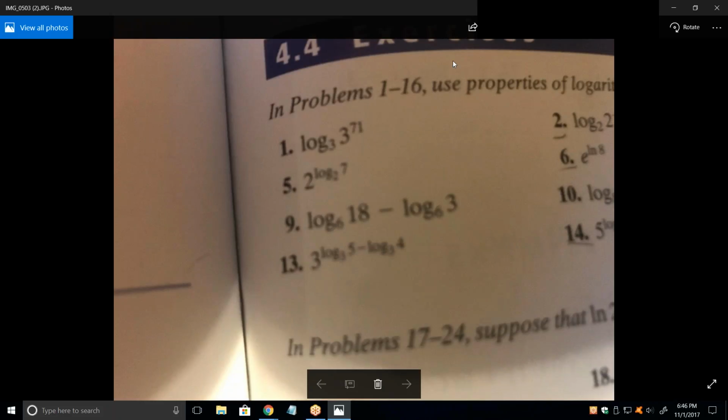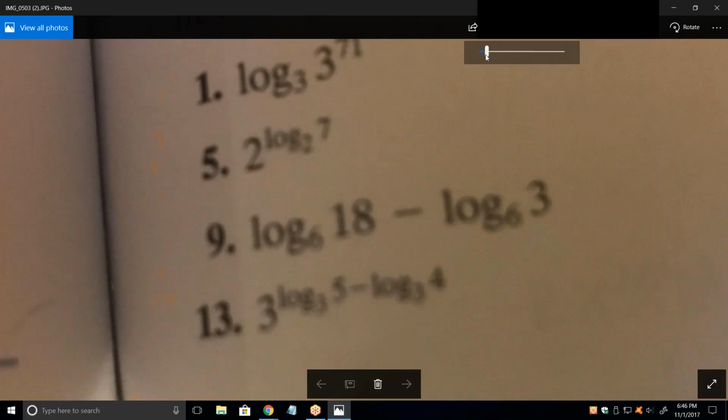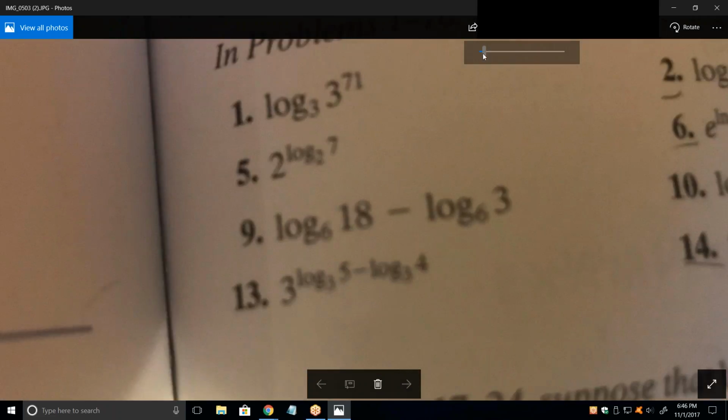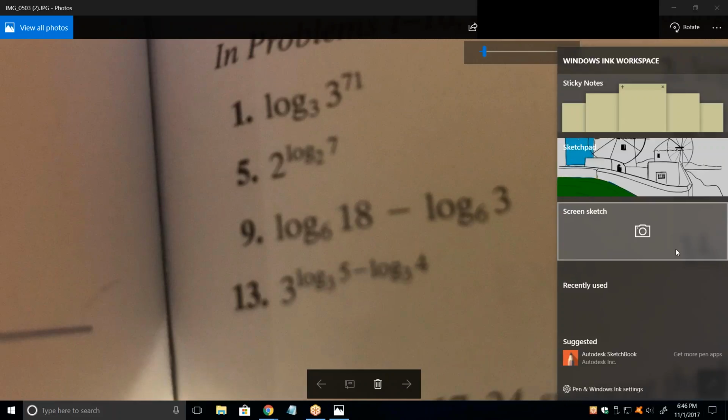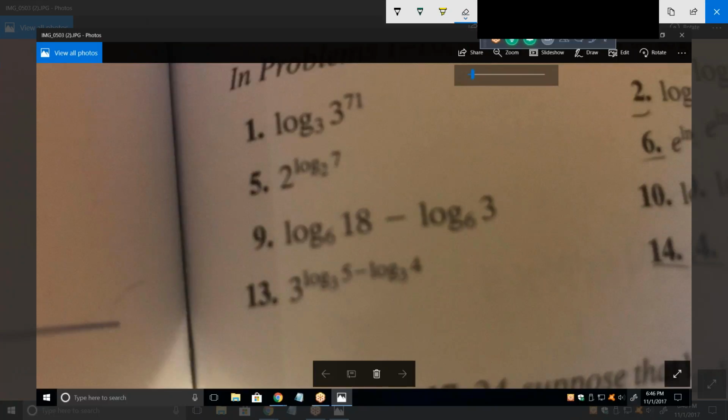Want to read to me problem number 2? Did we do 13? We didn't do 13. Let's do 13. All right, I'm going to write it down real quick. Let's deal with the exponent first. The exponent is log base 3 of 5 minus log base 3 of 4.